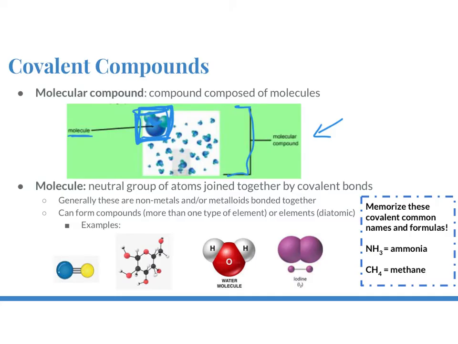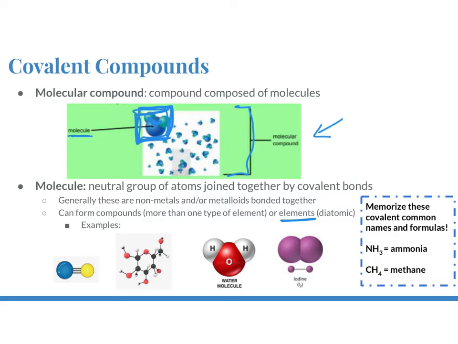These molecules can form compounds, which means that there is more than one type of element. If we think of the molecular compound water, we know that it has hydrogen and oxygen. Molecules can also form pure elements. If I think in terms of diatomic molecules, those are referring to singular elements because they are only comprised of one type.